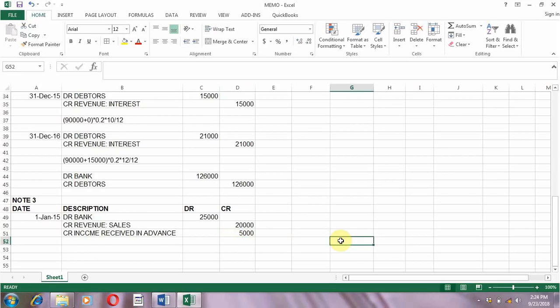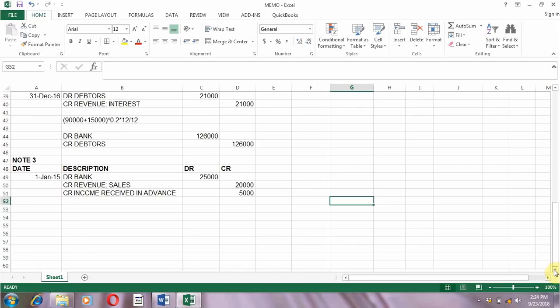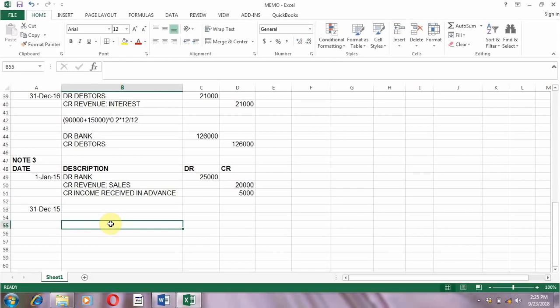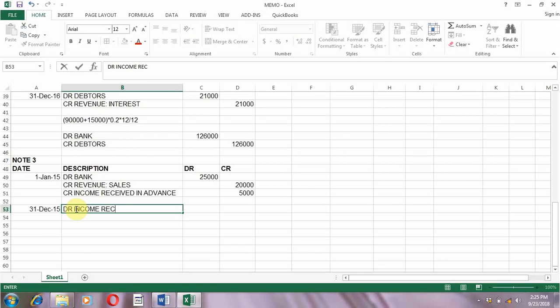That is what I will recognize on transaction date. Then as time progresses, we reach year end, and at year end, we have an entry that needs to be done. Let me just spell this income correctly. There's a warranty that needs to be recognized. So one of the cupboards is brought back. So for 1 year, we can now recognize the income in advance as revenue. So I'm going to debit income received in advance.